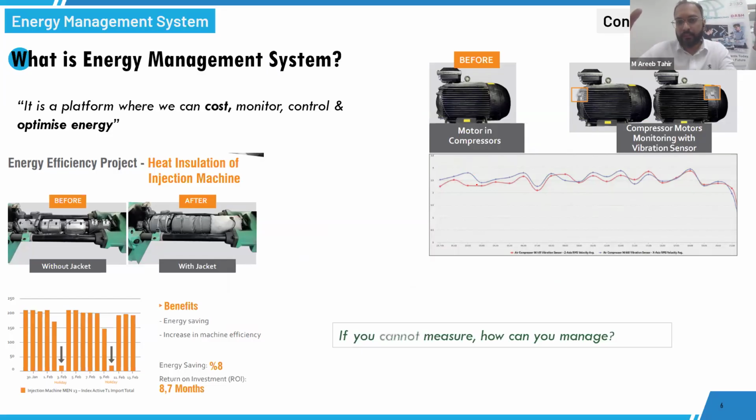You can measure and know ahead of time if there is any problem with the bearing or any other mechanical issues. And because the system has historical data, you can compare two different values as shown here, which will give you a good analysis of the improvement.